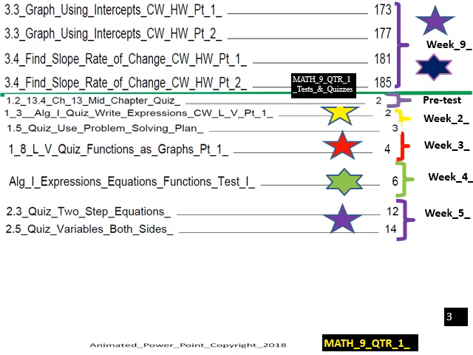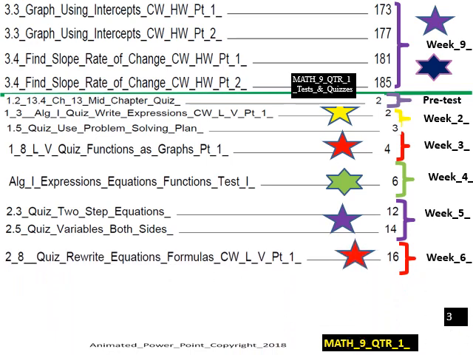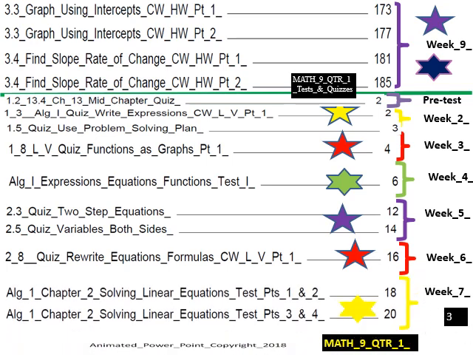That gets assessed on week 5. And then week 6, we have a quiz, rewriting equations as formulas. And then week 7, we have a test, solving linear equations, parts 1 and 2, and then solving linear equations parts 3 and 4. It's a 4-part test for week 7.